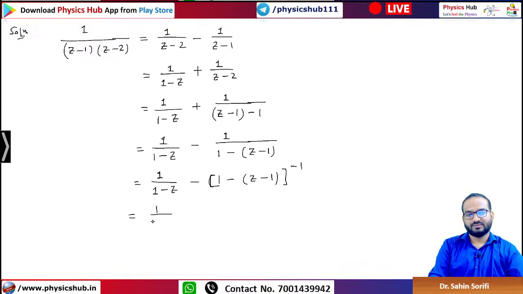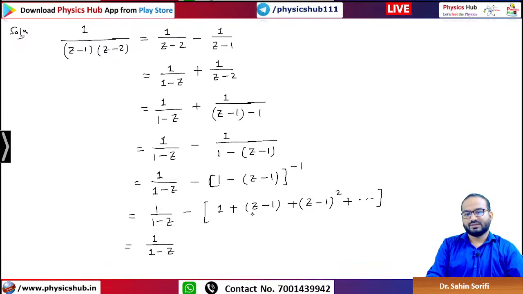It means 1 upon 1 minus z minus, this is like 1 plus x plus x square plus x cube and so on. So this is 1 by 1 minus z. Look, it has now come in the form of z minus 1.